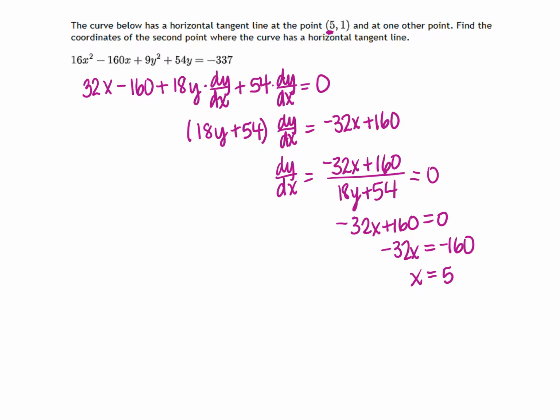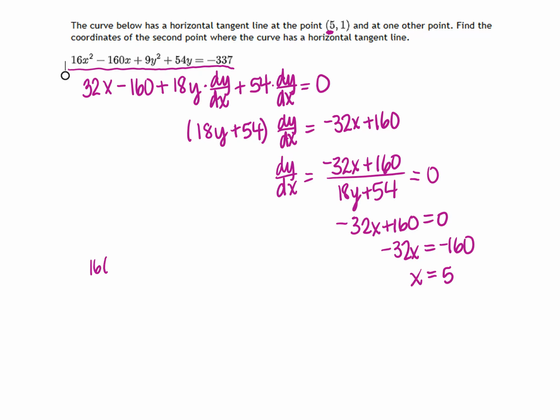So now, step 3, we're going to find the other y by plugging this 5 into the equation of the curve. So going back up to the original equation here, I'm going to plug in 5 for x and then solve for y.